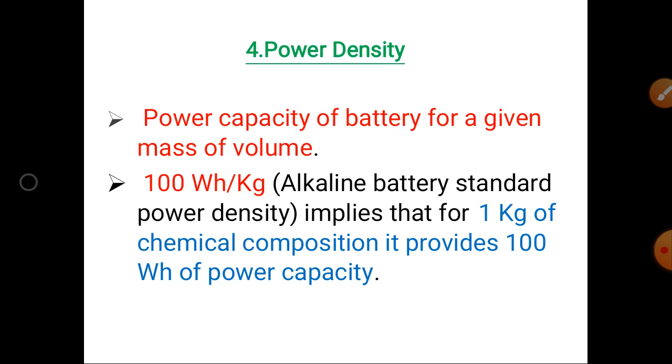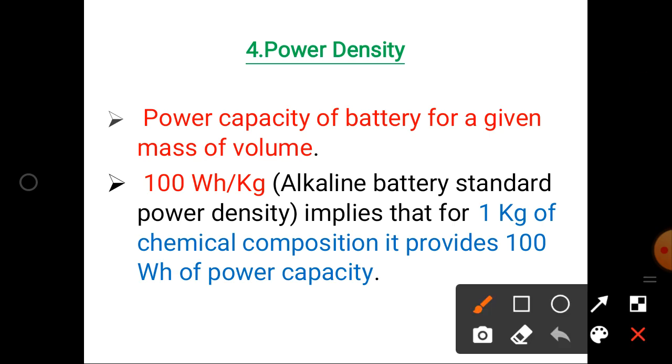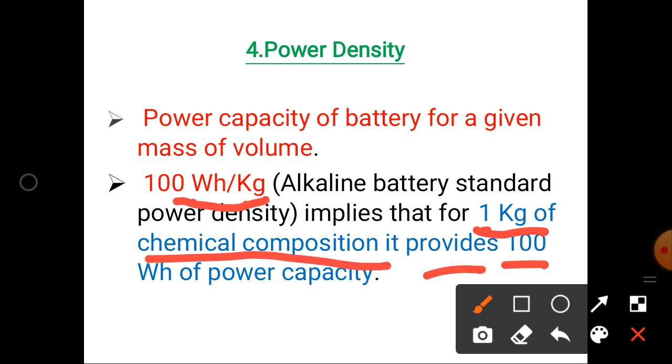So for example, 100 watt hour per kg represents the power capacity of the battery per 1 kg. So 1 kg of chemical composition inside the battery provides 100 watt hour of power capacity.